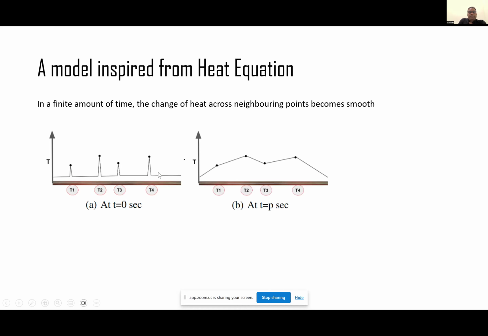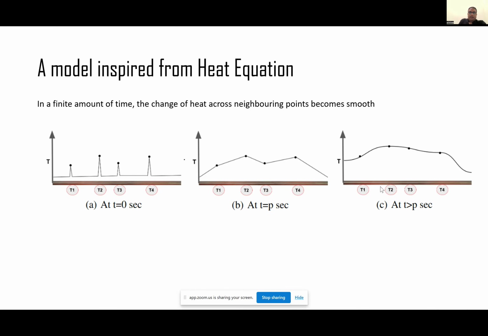Over time, temperature flows from the hotter regions to the colder regions, and after a fixed amount of time, it reaches an equilibrium state where the change in temperature across the length is smooth.